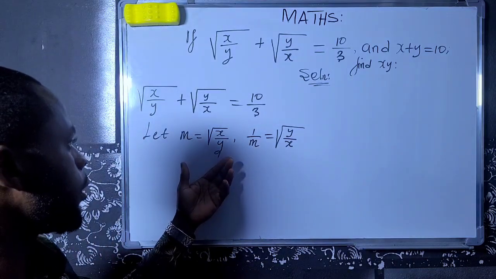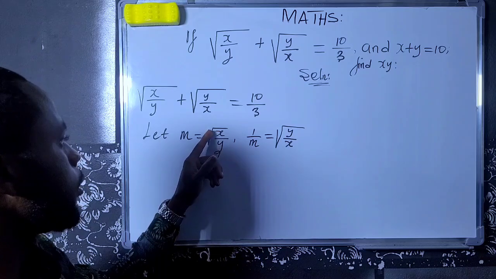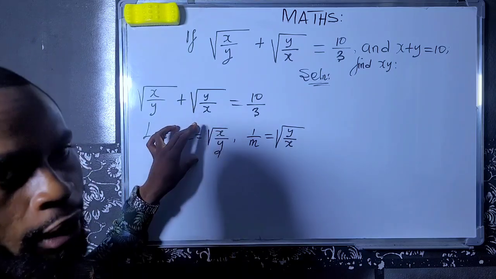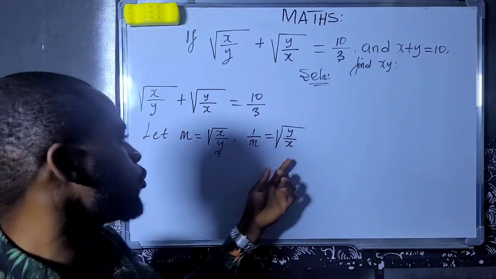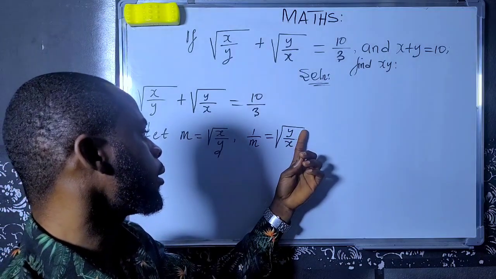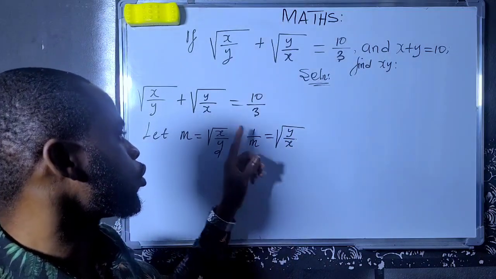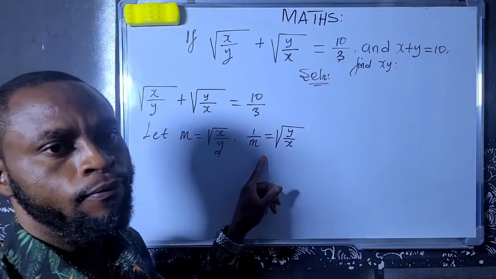Then at this point, wherever you see the square root of x divided by y, you substitute m. And wherever you see the square root of y divided by x, you substitute 1 divided by m.